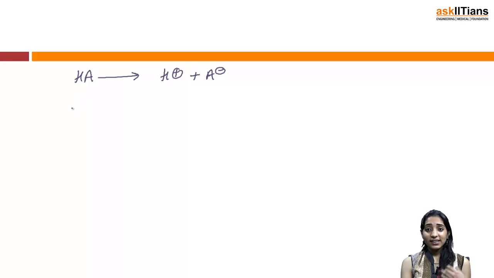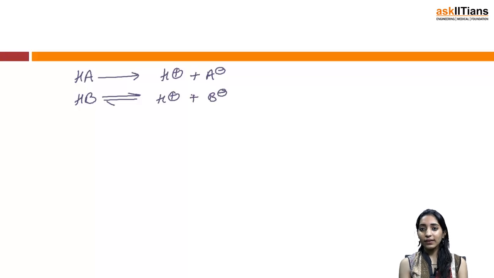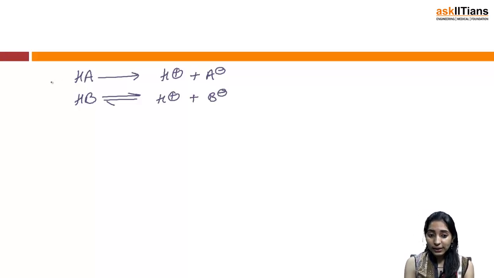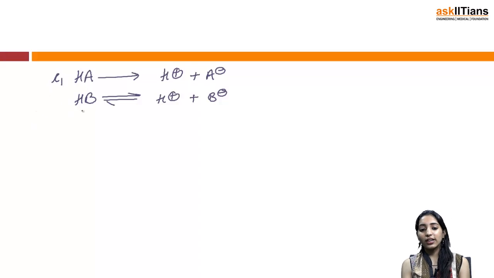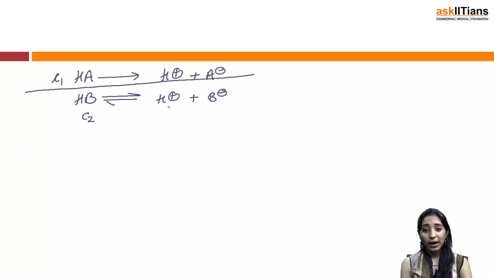Now if I consider a weak acid, let us say HB. Now since this is a weak acid, I can say that this will always be existing in equilibrium between H positive and B minus. So let me say that let the concentration of strong acid be considered as C1 and the concentration of weak acid be considered as C2. So if we take into account this equilibrium which I have written, let us say HB is getting dissociated to form H positive and B minus.